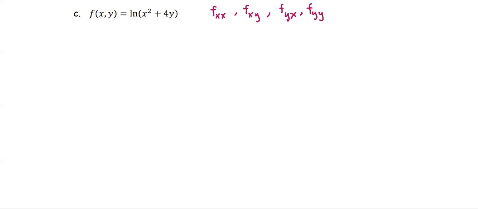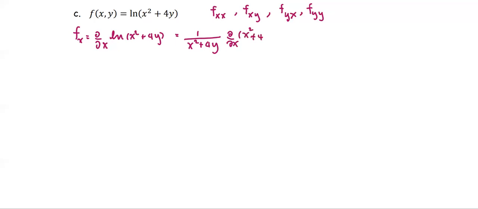For the first order partial derivative with respect to x, f_x is the partial with respect to x of the natural log of x squared plus 4y. Use the chain rule to get 1 over x squared plus 4y, and then the partial with respect to x of the inner function x squared plus 4y.